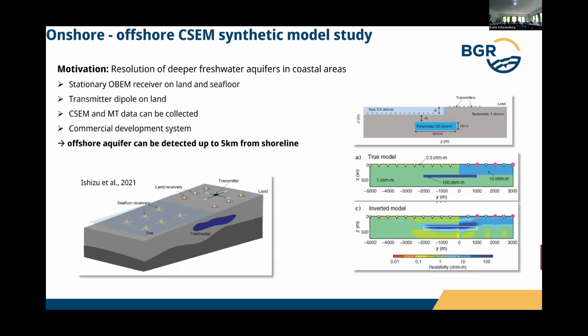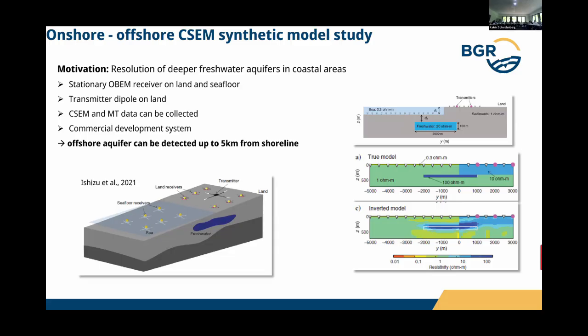Place them on the seafloor and on land. This is used for passive magnetotelluric methods, but if you have a source, you also get active controlled source electromagnetic methods, and place a transmitter on the shore. And they simulated how far they can see well-resolved signals offshore.